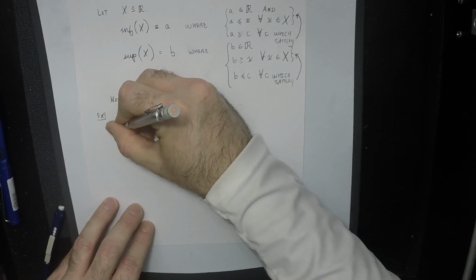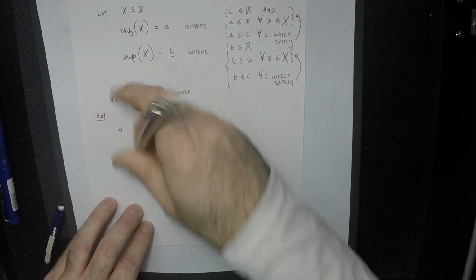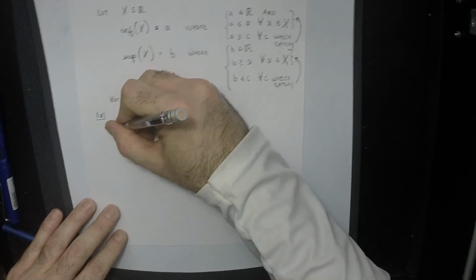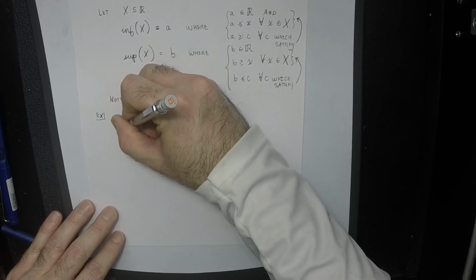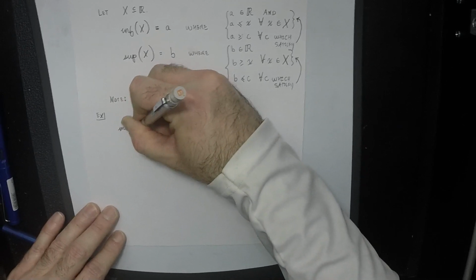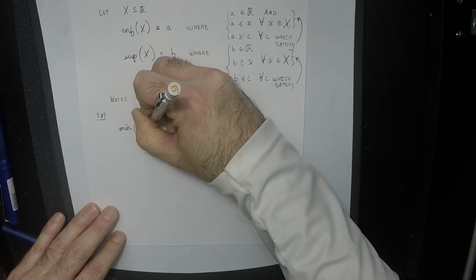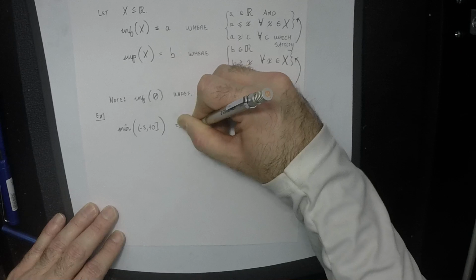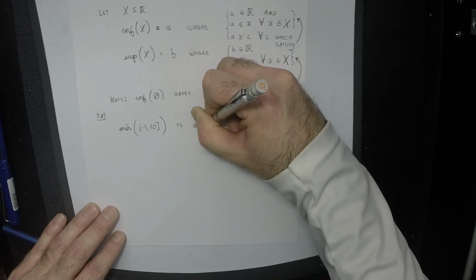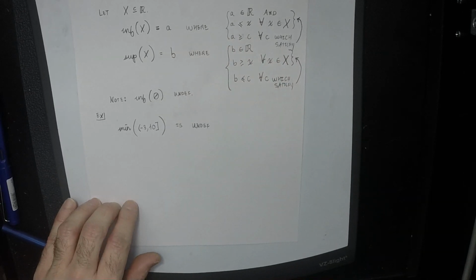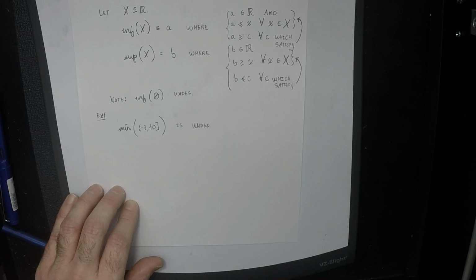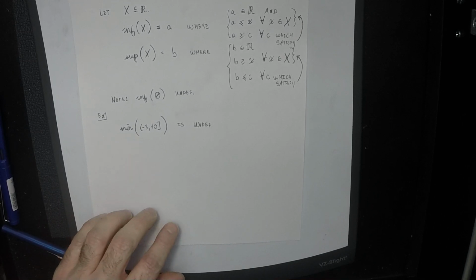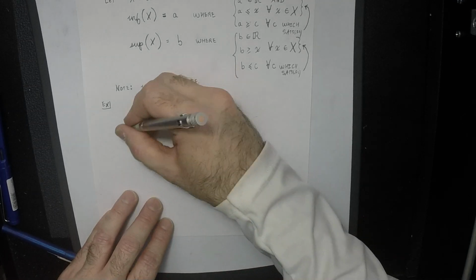The only point I want to make about infimum and supremum is that while the minimum of the interval -3 to 10 is undefined, the infimum is defined, and it's -3.